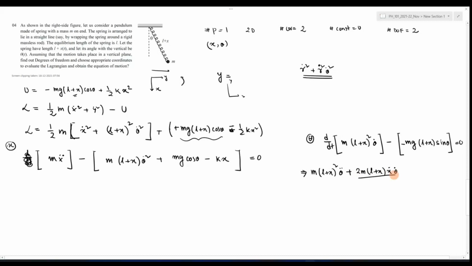You see, don't simply write m (L plus x) whole square theta double dot. You don't omit this term. This term will also come. Plus mg (L plus x) sin theta equal to 0. So these are the two equations you will be having.